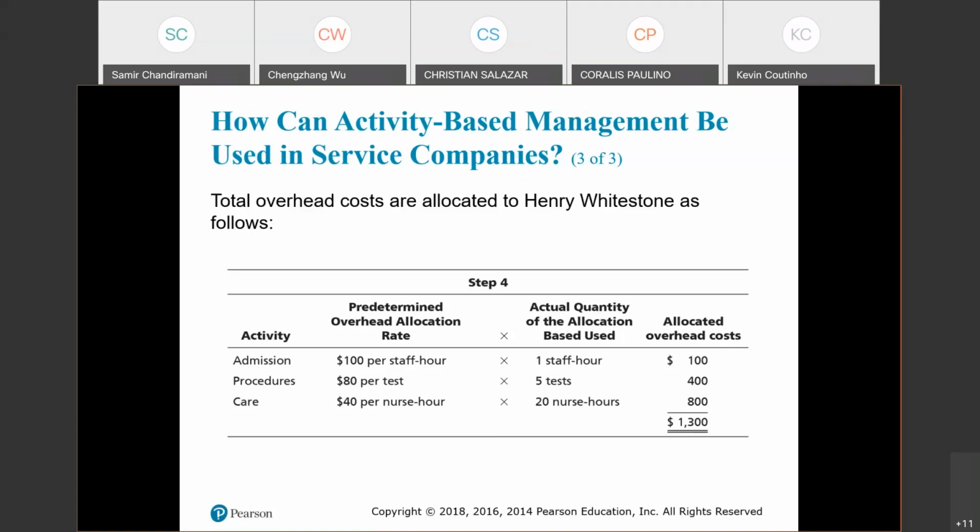Activity-based management is also useful in other types of service companies, such as an accounting firm, the law firms, etc. So this is how activity-based management can be used in the service company.